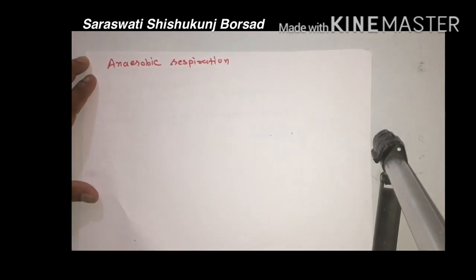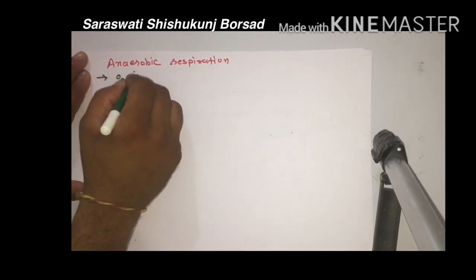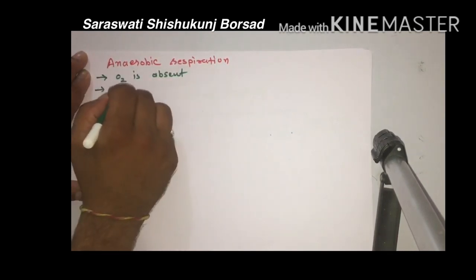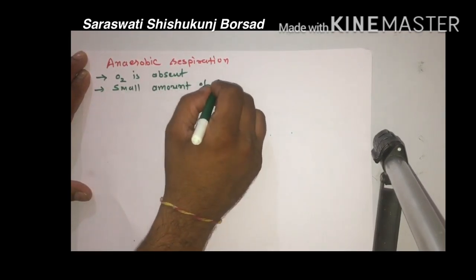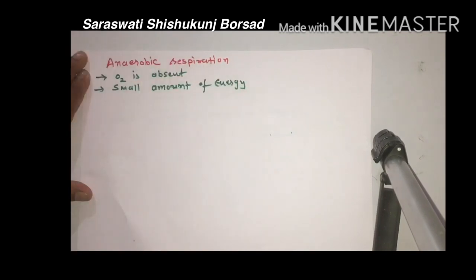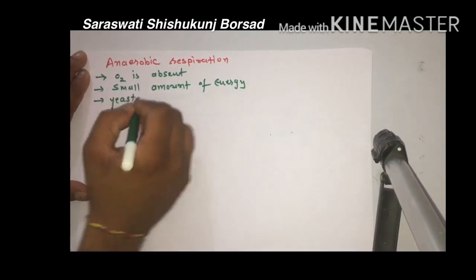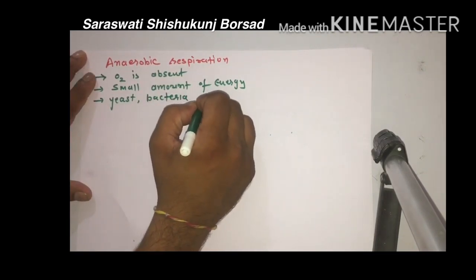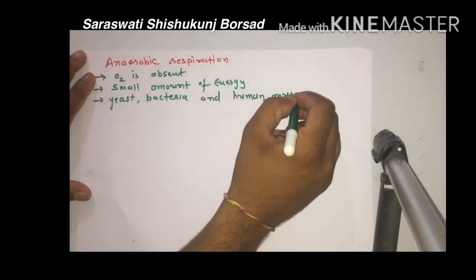First of all, as we know that in aerobic oxygen is present, in anaerobic oxygen is absent. So as oxygen is absent, a small amount of energy is released, right? Generally it takes place in yeast, bacteria, and in human muscles.